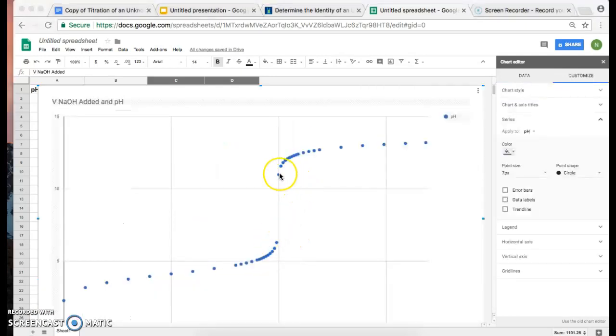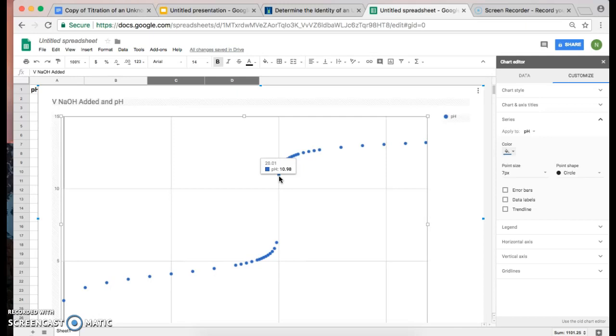I'm going to use the 2 points that are above and below where I think the equivalence point should be, sort of halfway in between there, to try and figure out where the equivalence point is on this graph. So if I put my cursor onto the point, it tells me the pH is 6.28 and the volume is 19.81. And here the pH is 10.98 and the volume is 20.01.